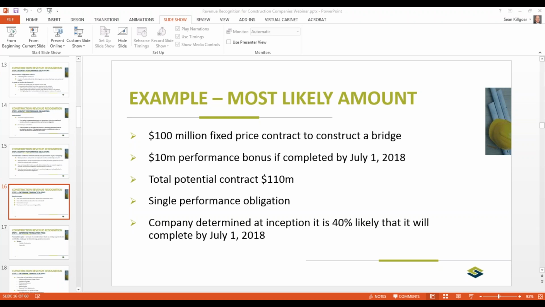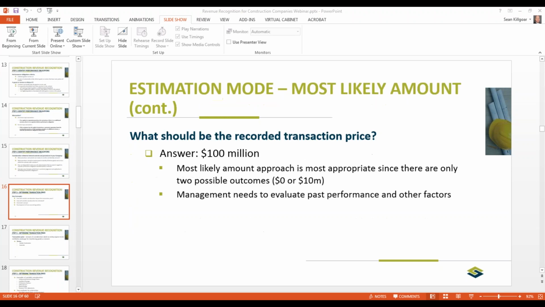or your transaction price. So the company determines at inception that it's 40% likely, and this is based on historical data, jobs that are similar, that they're 40% likely that they're going to get this complete by July 1st to hit this performance bonus. If that's the case, so when you record the transaction price, you'd record $100 million.